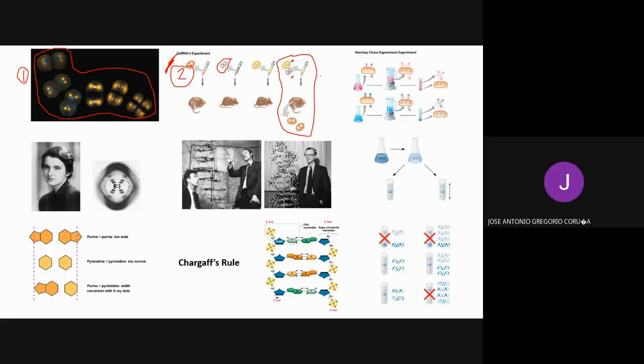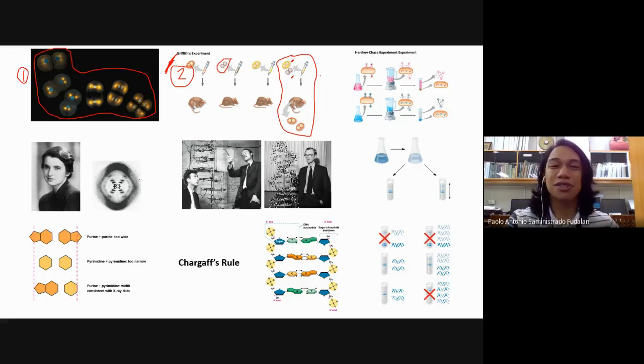A mixture of the non-virulent strain and the heat-killed virulent strain can still kill the mouse, sir. All right. So what he injected here, this yellow one that you see here, is the virulent strain, but it's dead.